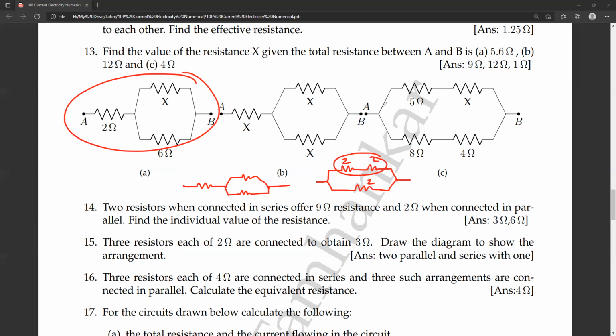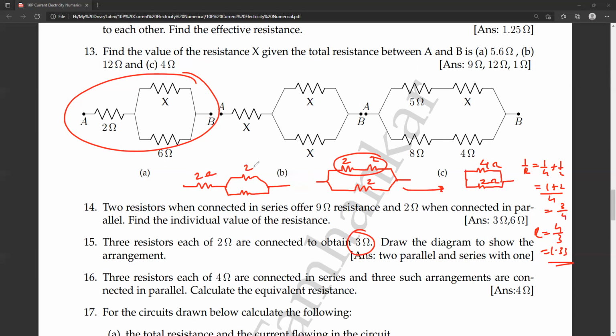These two are in series, so they give you a 4 ohm and a 2 ohm. So the effective is 1/4 and 1/2, so that is 3/4. So R is 4/3, which is 1.33. Again, that is not what we want.